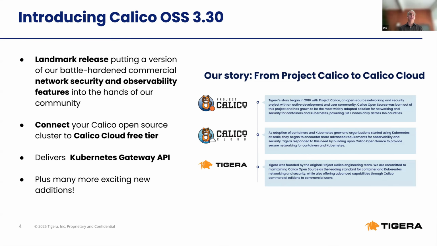So this is really a landmark release. It's taking some of our battle-hardened commercial network security and observability features and putting them in the hands of our community. And we'll go into a little bit more detail in terms of what these features look like. And then also, I'm very excited to launch a free tier of Calico Cloud.